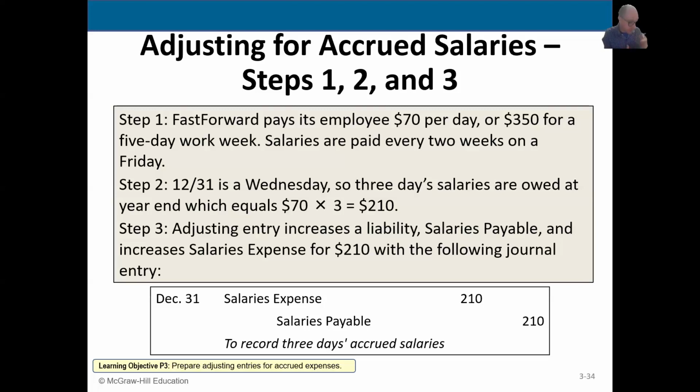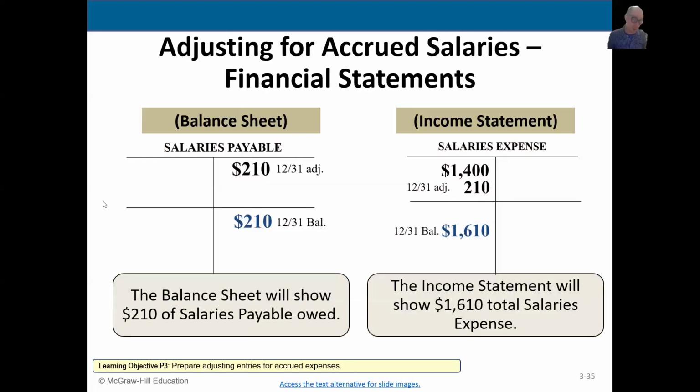And after that 2 weeks goes by, add all the days that they work, I pay them. So debit salaries expense, credit salaries payable, the accrued wages, those 3 days. So we see on our balance sheet liability, $210 for salaries payable. Salaries expense went up by $210 for the month of December.